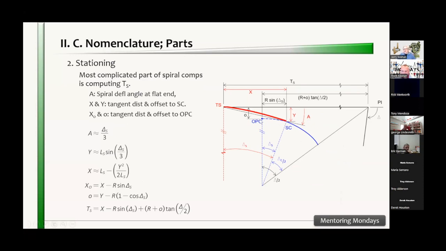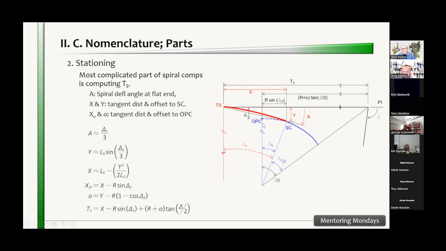But the offset PC is, remember when I said that in order to fit this curve in here to put a spiral in here, we had to shove the curve in from the tangents. Well, if I project that perpendicular where the curve used to end, that's the offset PC. So if I extend this curve back from where it meets the spiral to a point where it's perpendicular to the tangent, that'd be the offset PC.